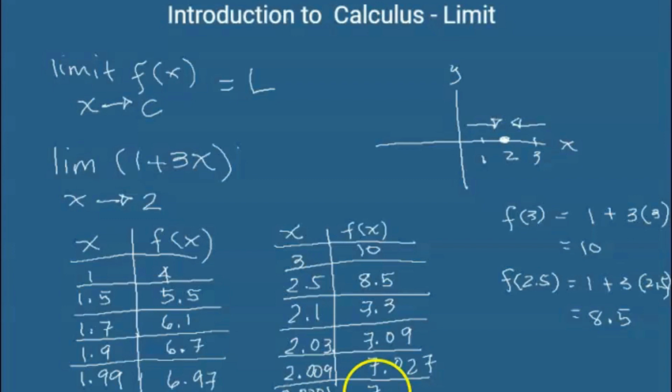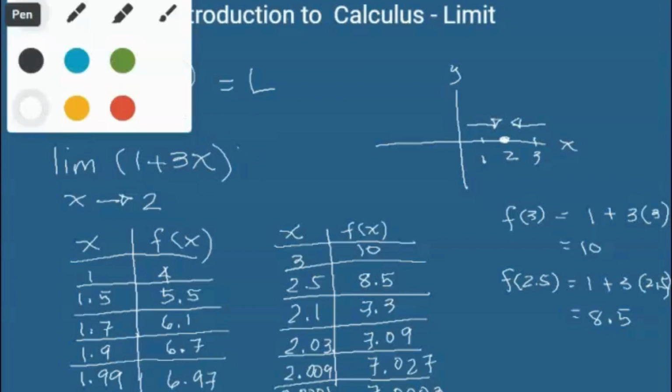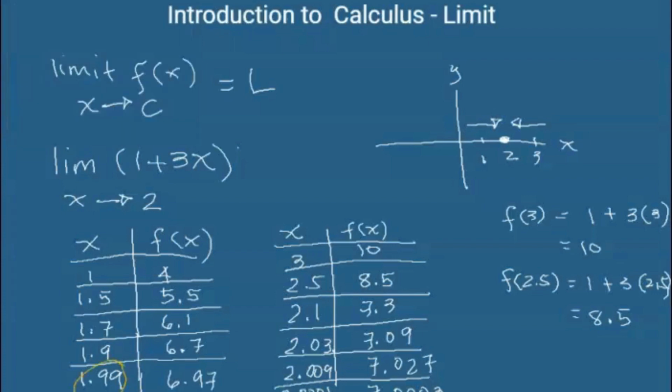We get 7.0003. So what can we say about these values? From the observation that we can see here, as the values of x get closer to 2, the values of f of x get closer and closer to 7.